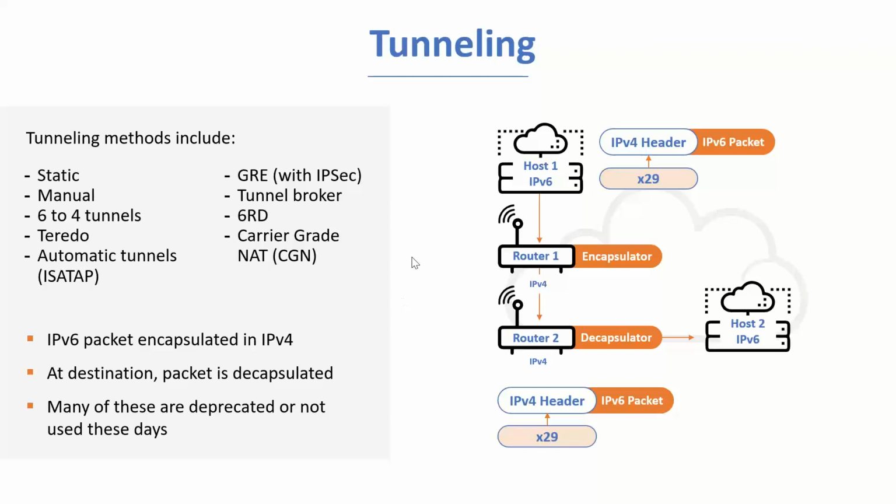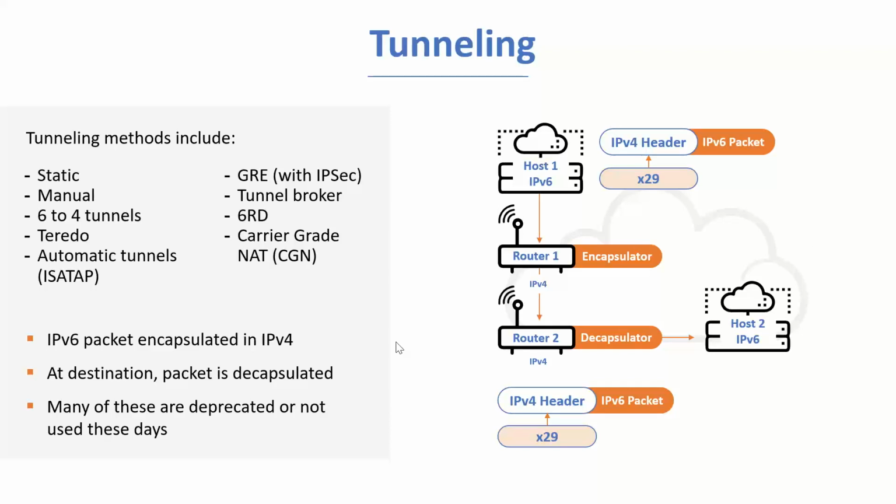You've got a v4 network, and you've got a v6 packet going over that, and both ends are v6. So you've got this packet starting at your client, which is v6, and it's going to go to your server, which also is v6. But how are you going to get over there from a v4 network?